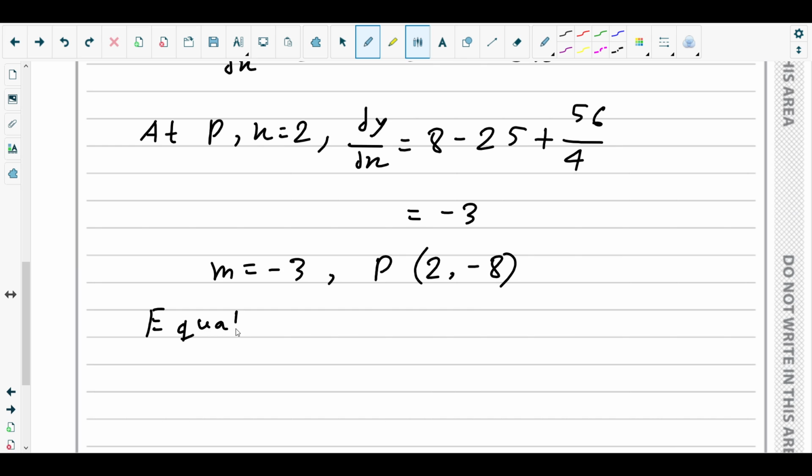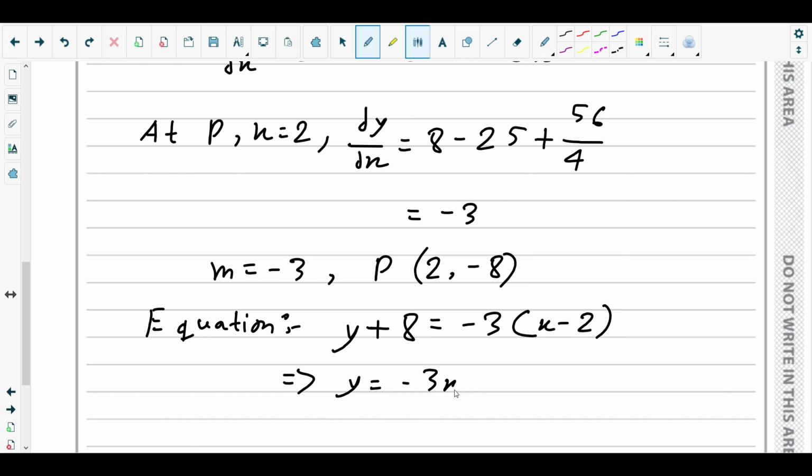So how can we find out the equation? The equation is y minus y1, so y minus negative 8, that is y plus 8, equals m times x minus x1. We need it in the form y equals mx plus c. So y plus 8 equals negative 3x plus 6, and take the 8 to the right, it will be negative 8.